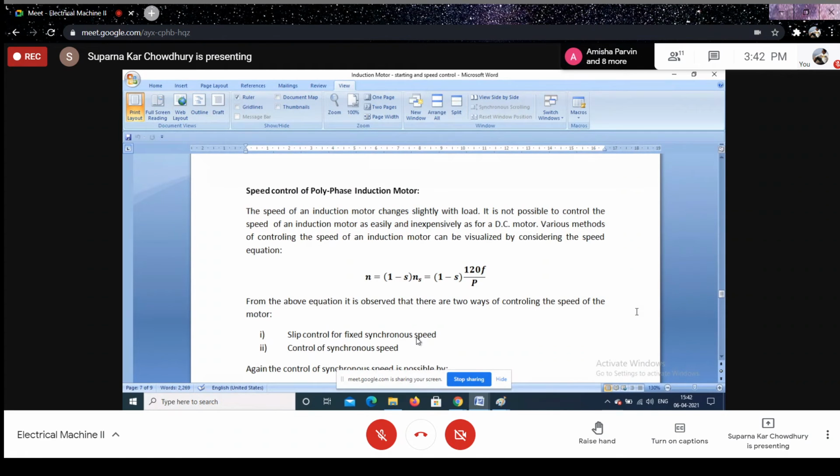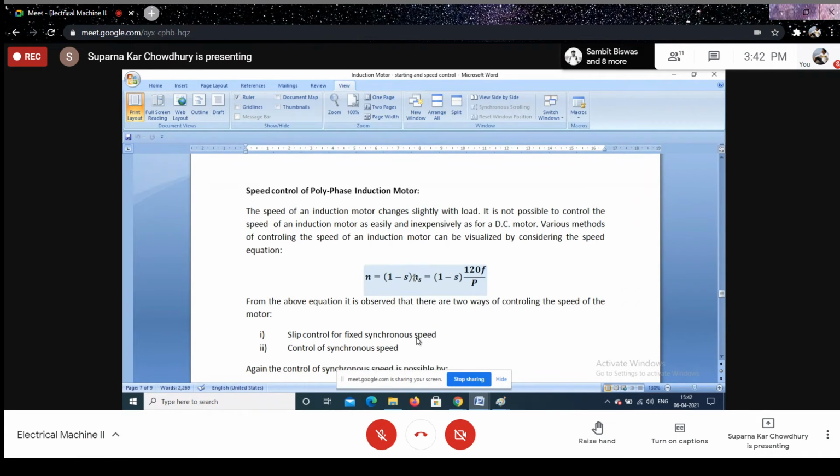Now, what is the speed of an induction motor? By definition, the speed of the induction motor will be (1 minus s) into ns, where ns is the synchronous speed. Synchronous speed again is 120 f by p. So if you look at this expression, if you want to change the speed of the motor, it is possible if we can control the slip, or if we can change the synchronous speed.